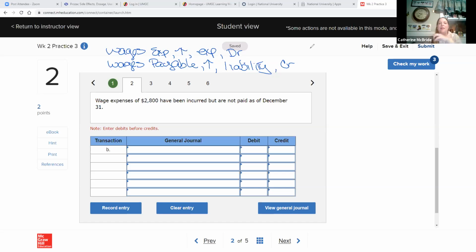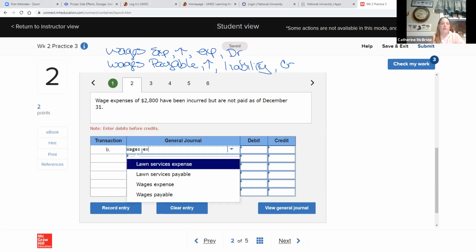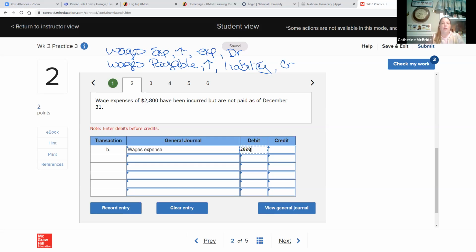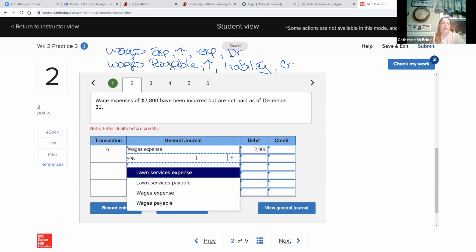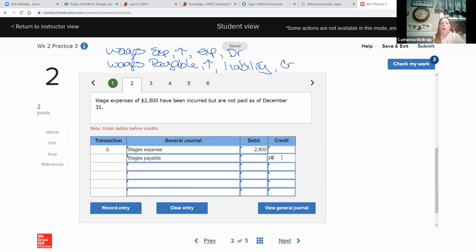So I'm going to debit wages expense for $2,800, and I'm going to credit wages payable for $2,800. Are we good here? Yes.